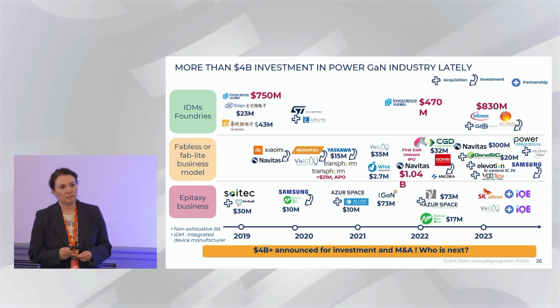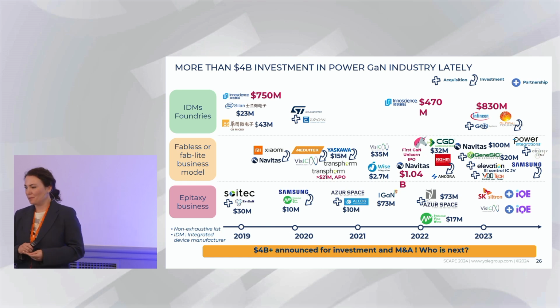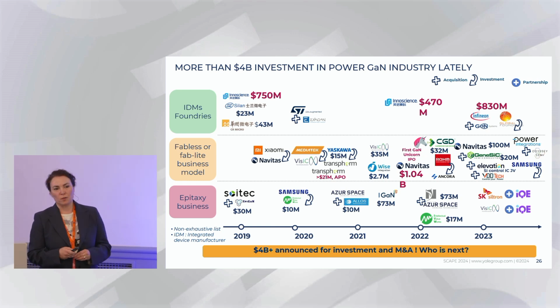Navitas, is that already profitable? I cannot reply to this question, whether they are really profitable, but given the boom in investment and the boom in consumer interest, they really expect growing profitability quite fast. Thank you.